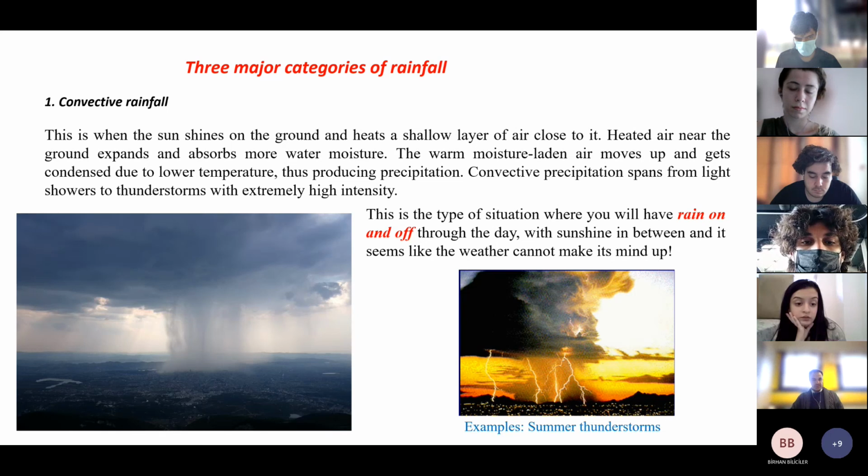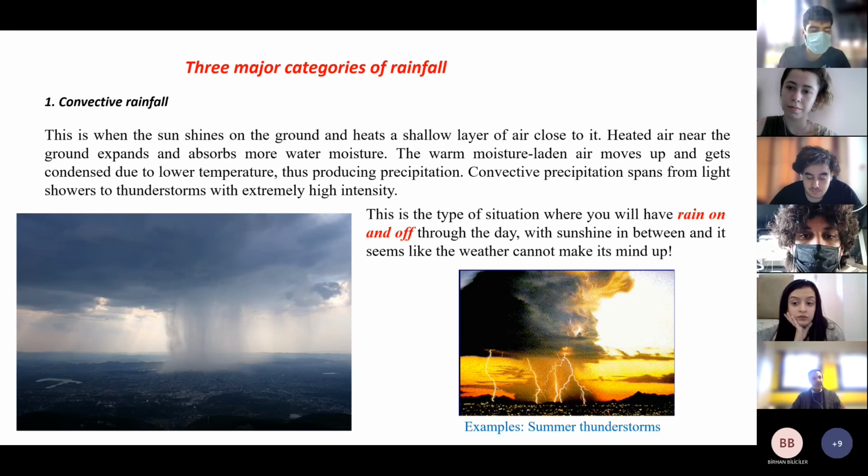Regularly, we have this kind of rainfall in Antalya in different seasons, even in the middle of summer. You remember, for example, a month or maybe 2 months ago, when the temperature in the city of Antalya was about 40 degrees, we suddenly had intensive rainfall for 2-3 hours. It was an example of convective rainfall.